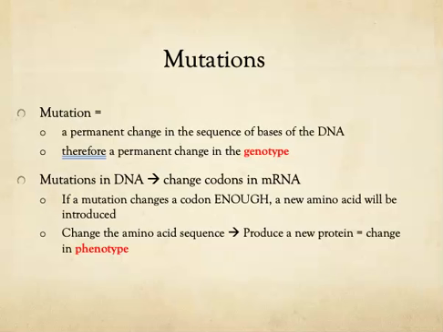If you change the order of the amino acids in that polypeptide that gets built at the ribosome, you have produced a new protein. And if you produce a new protein, you have changed the organism's phenotype. Because remember, it's protein that creates traits in a cell, and it's the collection of traits that is the cell's phenotype.